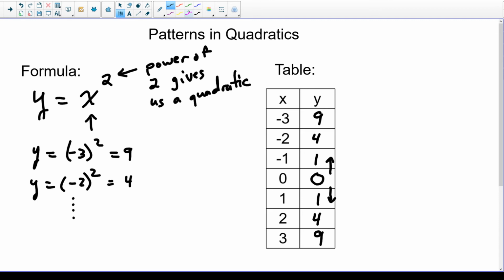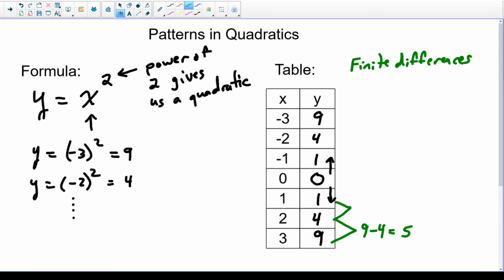Now there's another pattern that comes up, and that's from our first differences. Okay, so we're going to do what we call finite differences. Complicated word to just mean subtract upwards. Okay, so what's 9 minus 4? 9 minus 4 is 5.